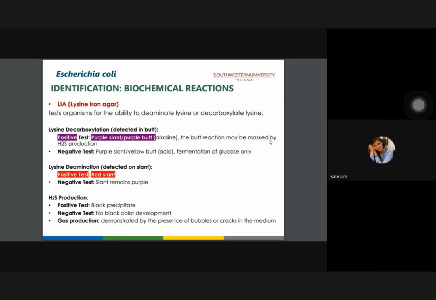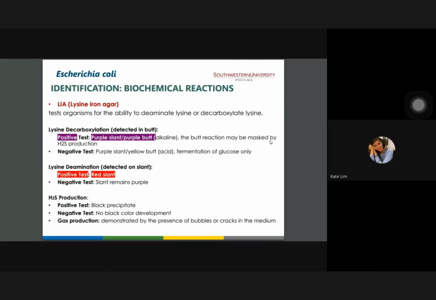Take note, just write this down: if you want to check for deamination, check the slant. If you want to check for decarboxylation, check the butt. Again, deamination, slant; decarboxylation, butt.